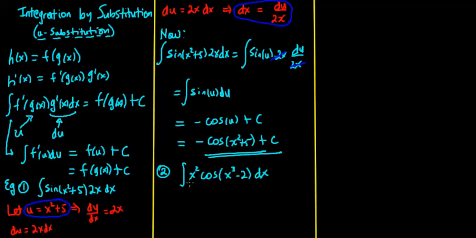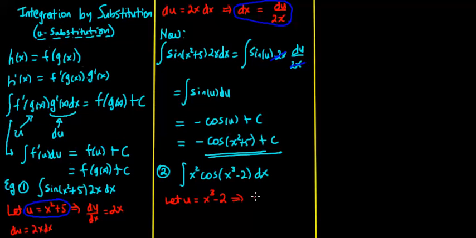So missing a constant will not be a problem when you apply the substitution technique. We can work with a constant multiple with no problem. So let's let u be x cubed minus 2.